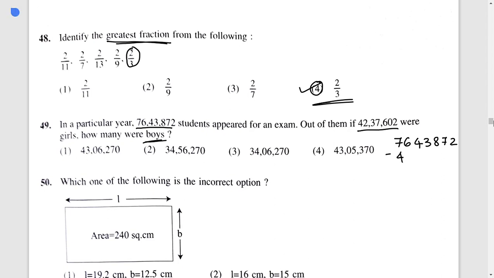If you subtract girl students, you will get the number of boy students. 34,06,270. Any answer is there? Not. Option 3 is the right answer here.